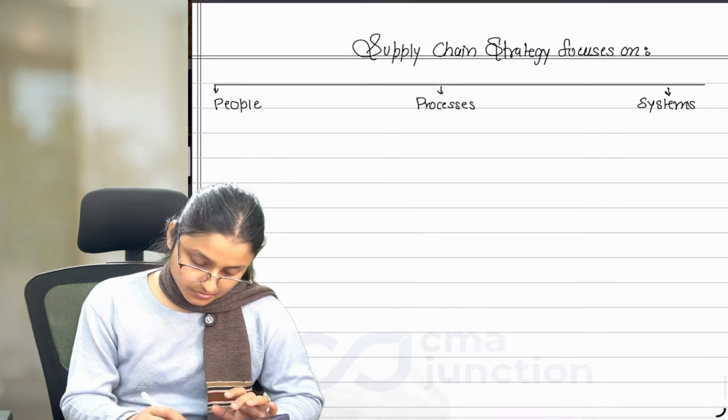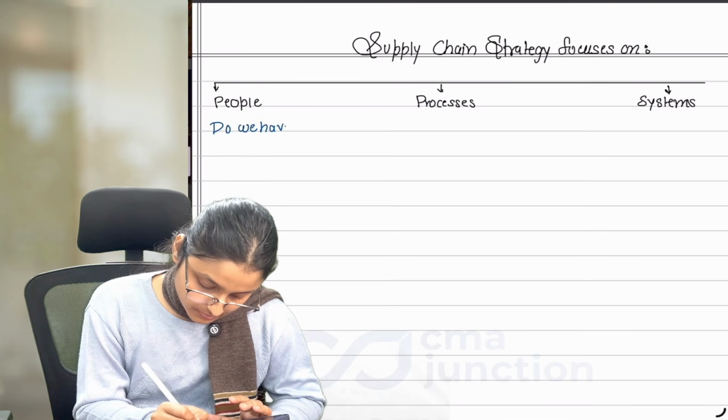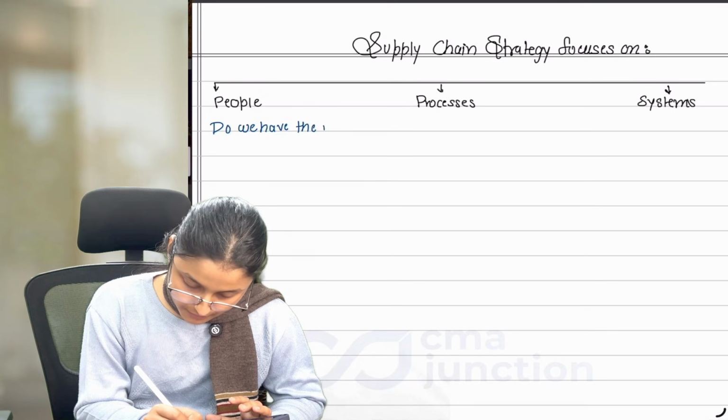First is people. Do we have the right number of staff?